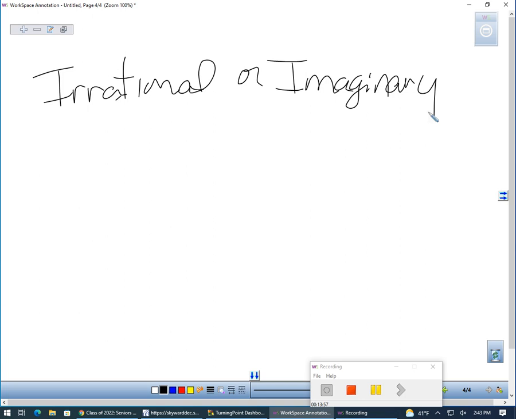So what I mean by that is, if I had the square root of 2, that also means I have to have the negative square root of 2, right? So if you have positive square root of 2, you always have the opposite of that as well. If you have an imaginary root, let's say I have 3i, that also means I have a negative 3i, right?